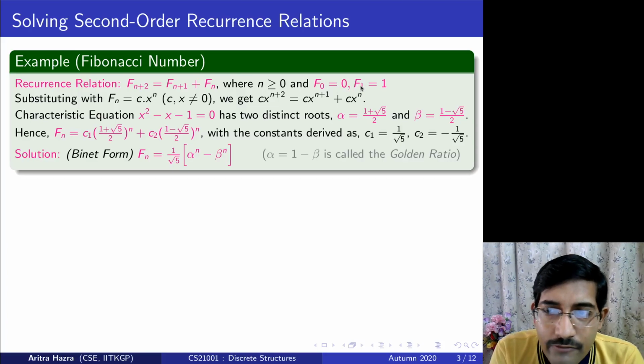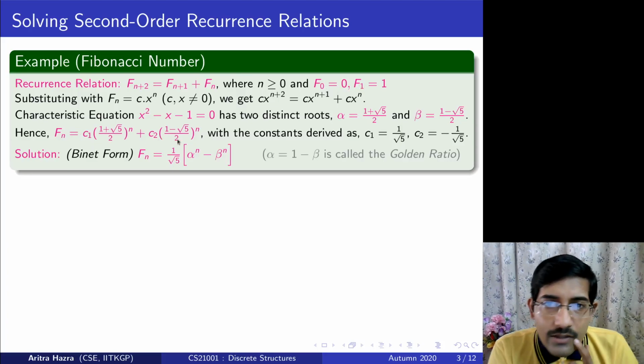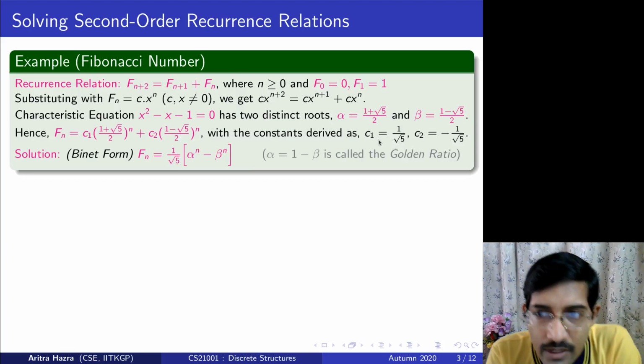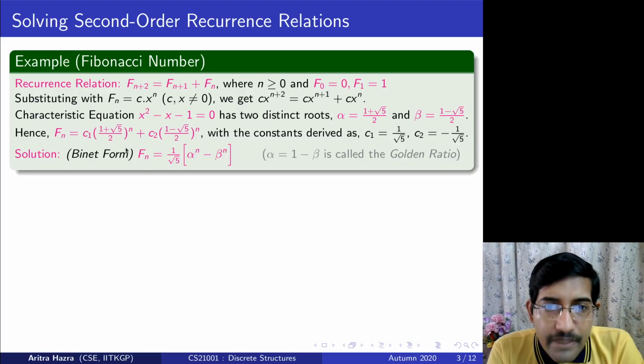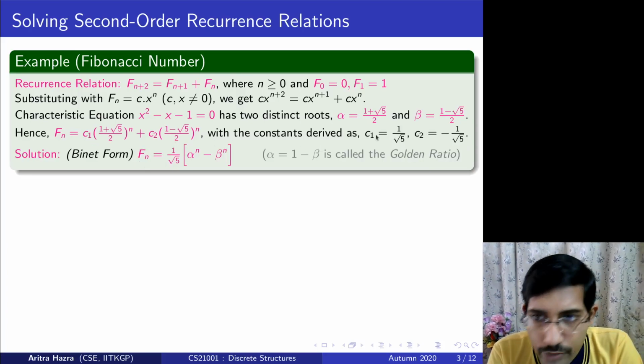And then if n equal to 1, you will get the values of c1 and c2 from those two equations. And eventually you will get c1 equal to 1 by root 5, c2 equal to minus c1, which is minus 1 by root 5. So we call the solution the Binet form. If you put this answer together, alpha and beta are these two roots.